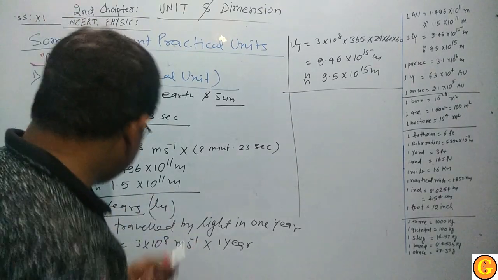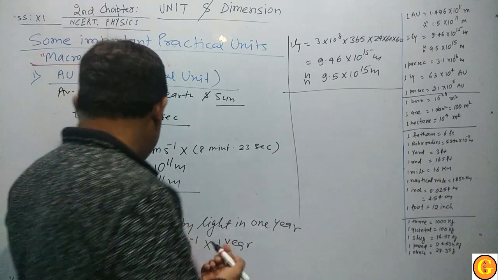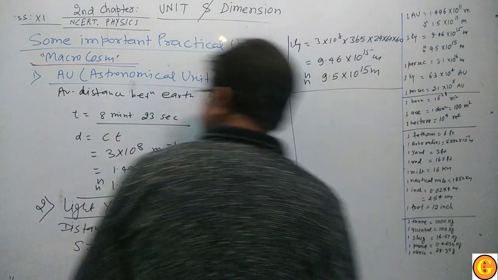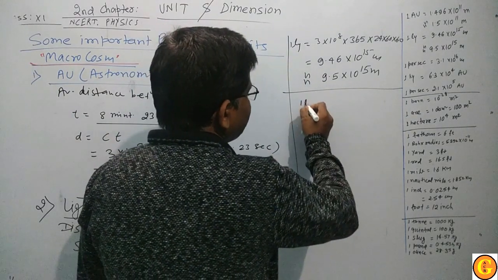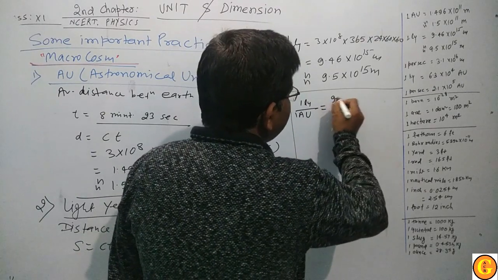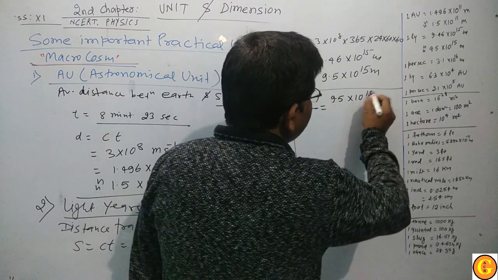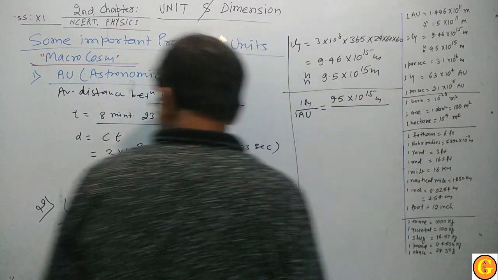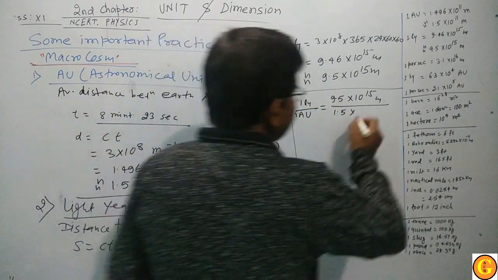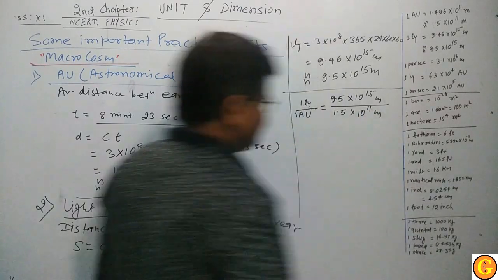You may calculate the relationship between the light year and the astronomical unit. 1 light year by 1 astronomical unit is equal to 9.5 into 10 to the power 15 meter by 1.5 into 10 to the power 11 meter.